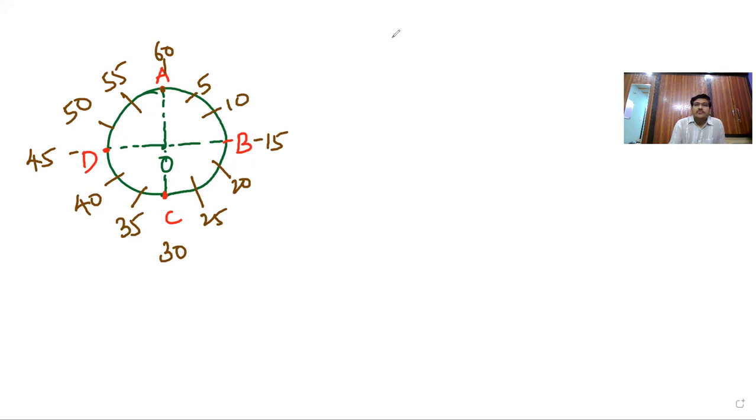Clear? And observe carefully. This is the minute's hand.